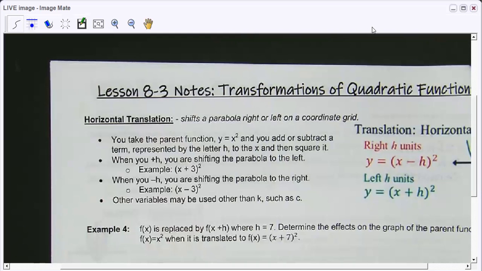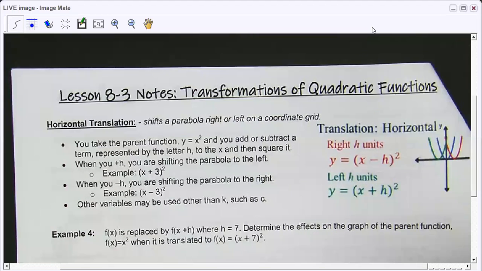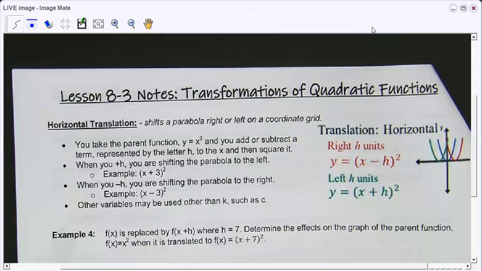Okay, because let me show you. If I wanted to shift it 3 units to the left, that's a negative number. We're going in the negative direction, right? But when you subtract a negative, it becomes a positive.